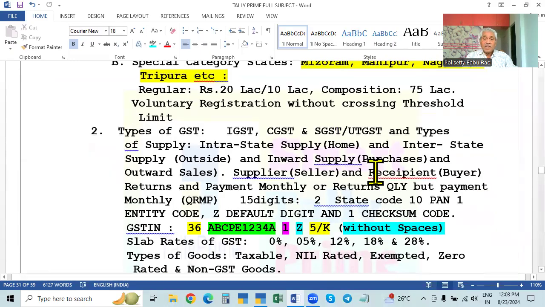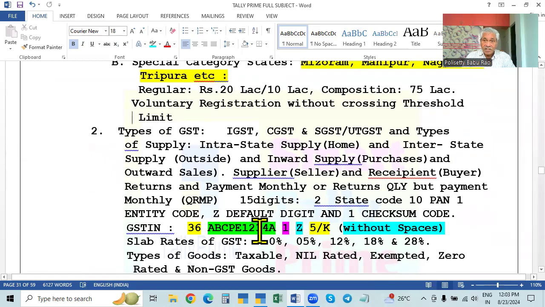But remember, every registration under the GST Act is based on our PAN card. Under the Income Tax Act, everyone who has income will have a PAN card. So the GST registration is PAN based. That means for registration under GST, a PAN card is required.